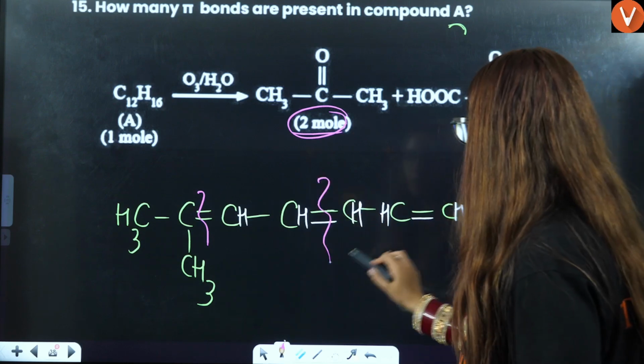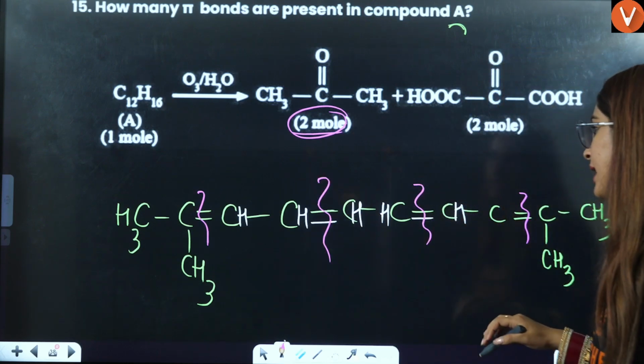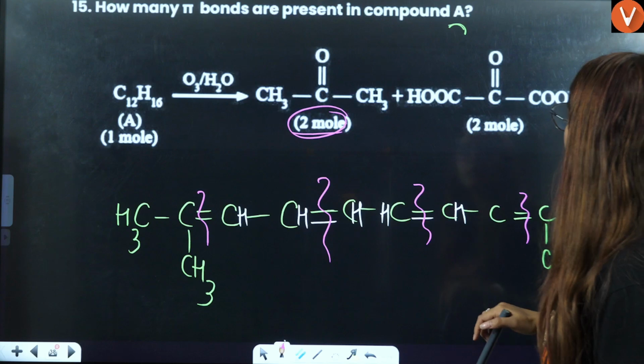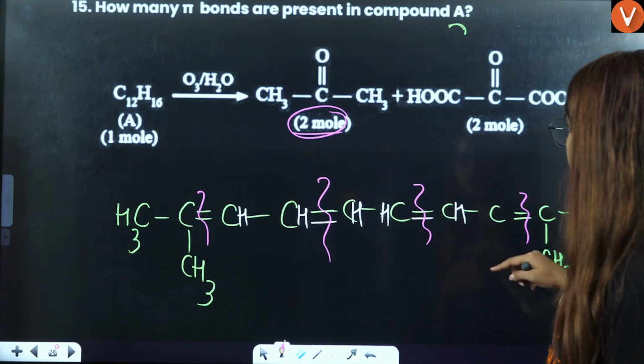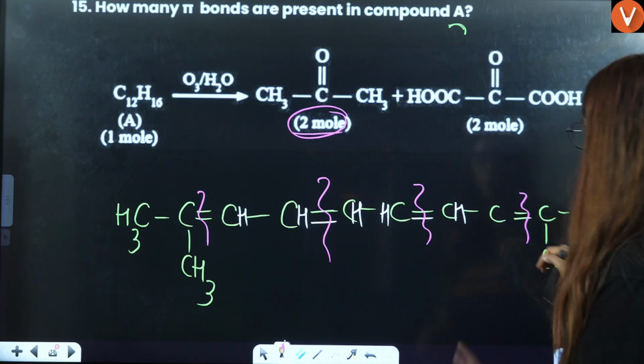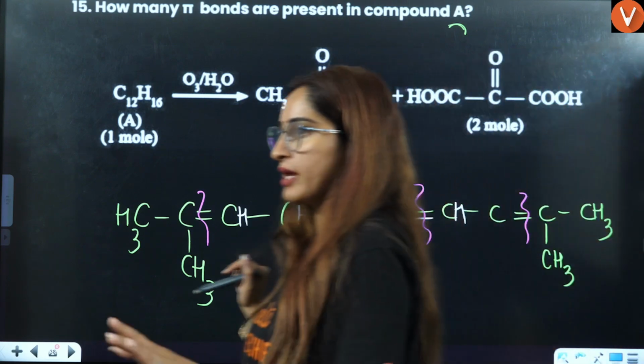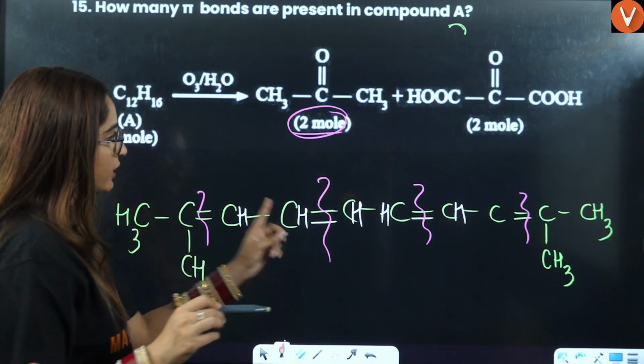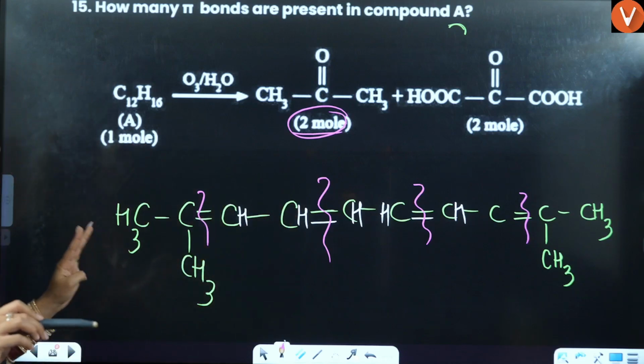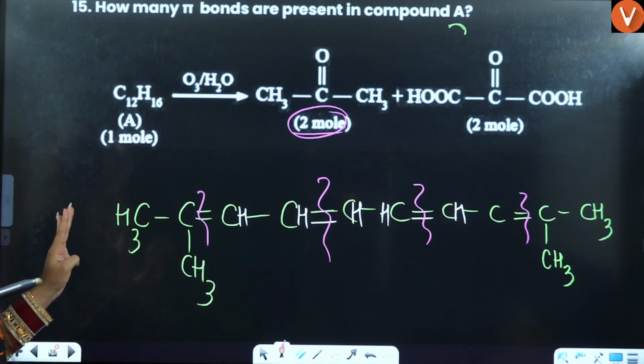When you break this, you will get this particular thing, that is COH. From here you will get COH, C double bond O, COH. So originally you will have 4 bonds here.